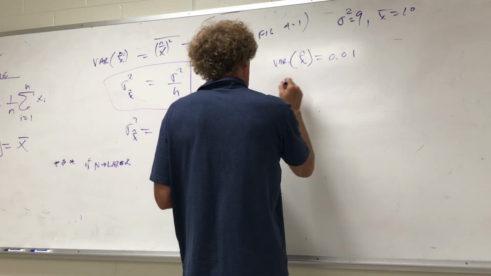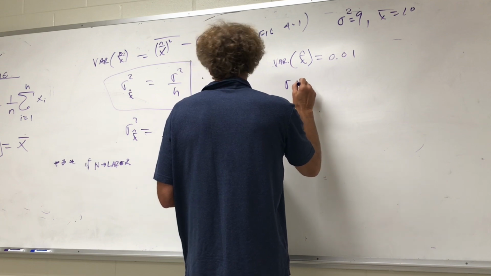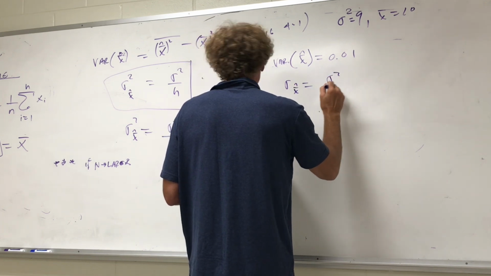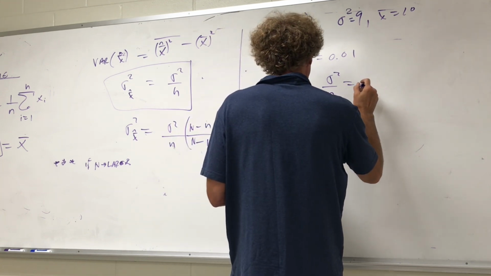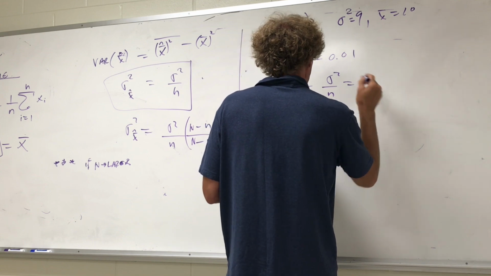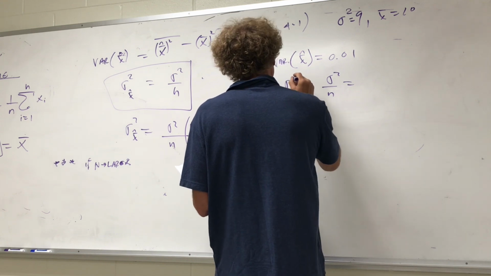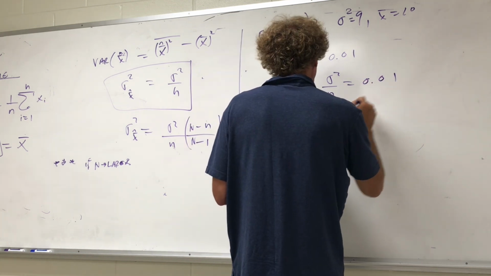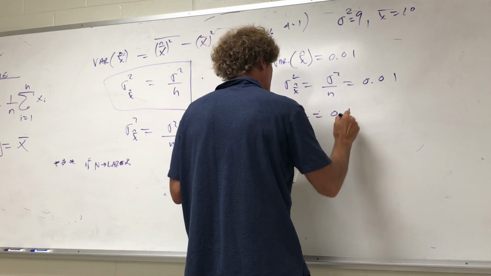Where this comes from is sigma squared of x bar hat equals sigma squared over n. For a previous problem, since they know sigma squared is 9, and the value of n that they give, this comes out to 0.01, and that means sigma of x bar hat is equal to 0.1.